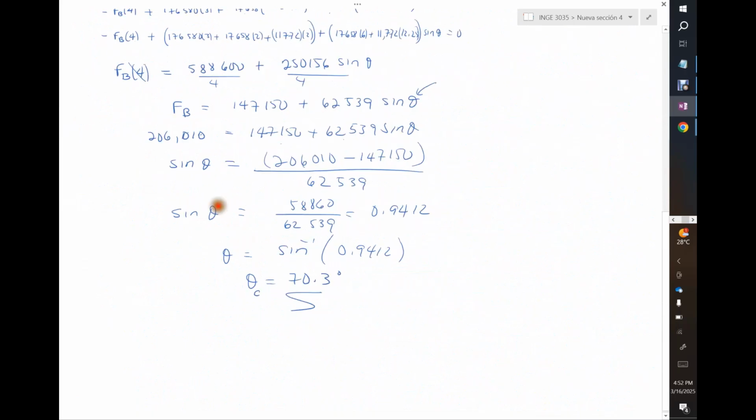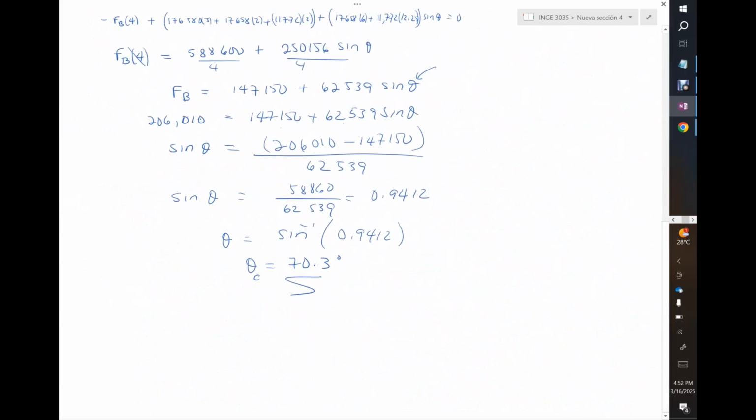So just for the sake of the argument and time, I'm gonna work only perhaps on FB. FB is equal, as shown here, 147,150 plus 62,539 sine of theta.